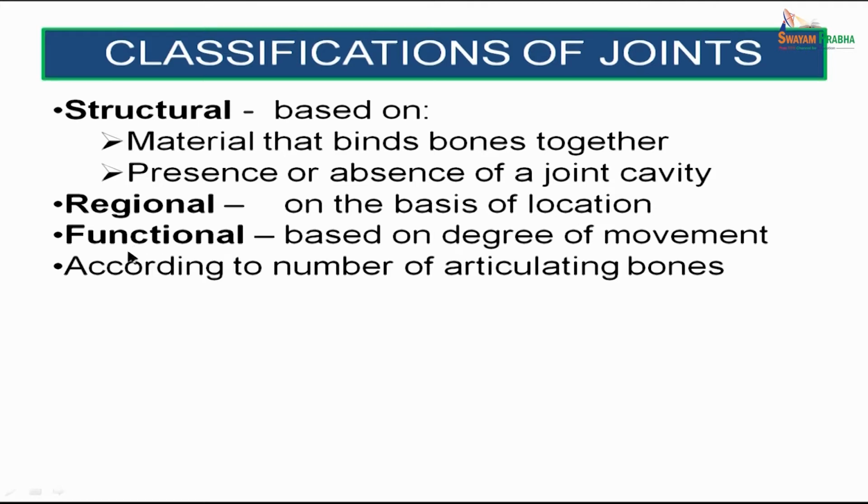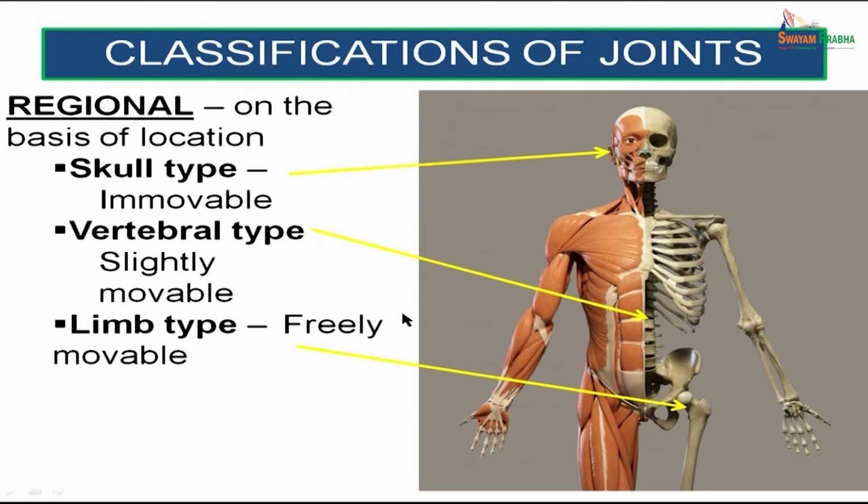Then we can classify them as functional classification, that is based on the degree of movement allowed by each joint. In addition to these very important classification types, structural, regional and functional, we can also classify joints according to the number of bones present within the articulations.